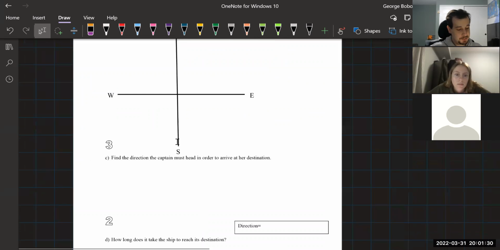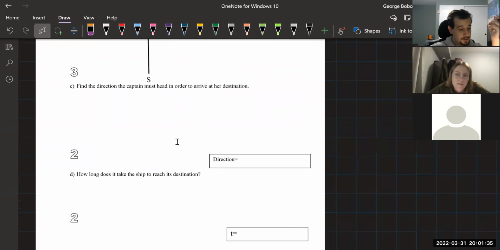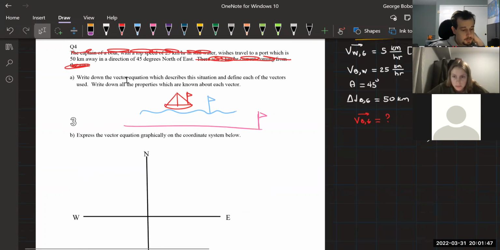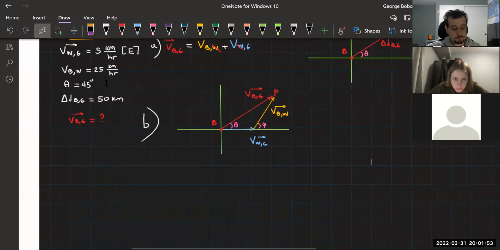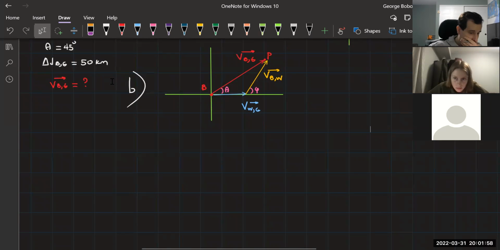Okay, this is getting spicy now. I mean that in a bad way, because it's getting more difficult because you don't have the red vector, but you only have the displacement. Okay, write down all the properties that are known. Okay, this is fine. Okay, let me ask you something.